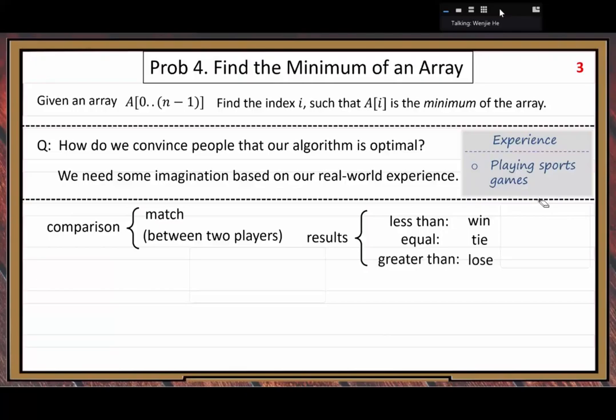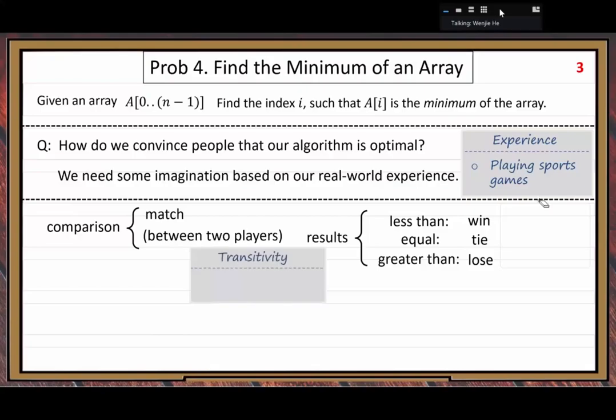Because our goal is to find the minimum. Minimum means the smaller the value, the better. At the end, when we get that global minimum, that is the final winner. So the smaller the element, the better, and we treat it as a win. The smaller element beats a larger element. That is the interpretation.